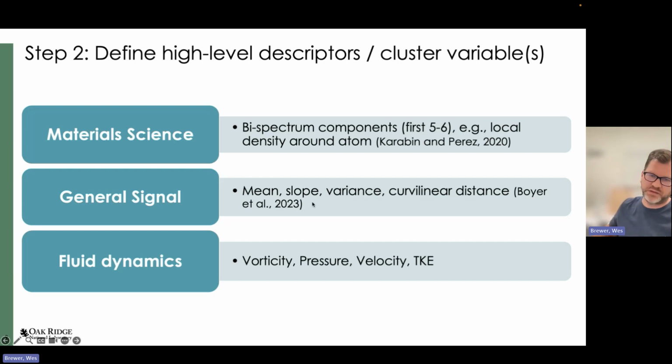In that case, we represented the signal in terms of the mean, the slope, the variance, and the curvilinear distance. We took the signal, broke it into windows based on time, and then computed those to have a generic high-level representation of the signal. That actually worked pretty well for that type of data.